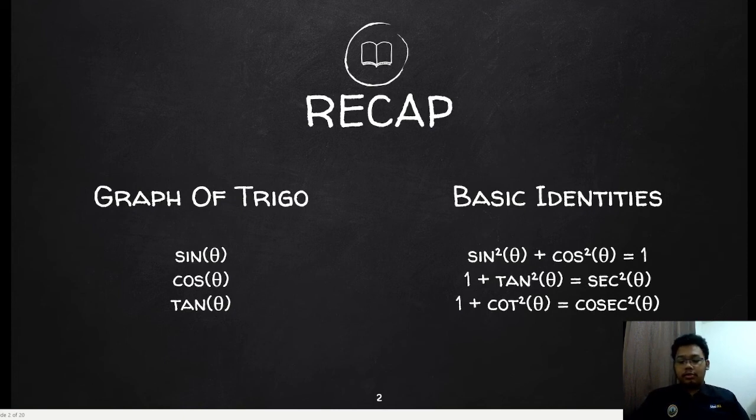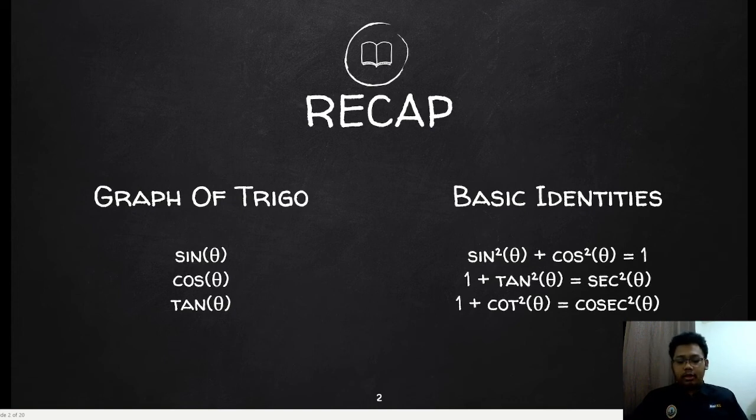So sine squared plus cos squared equal to 1, plus tangent squared equal to secant squared, and 1 plus cotangent squared equal to cosecant squared, which I already showed in the previous class how to prove it, how to use the formula, how can we implement the formula in the question given. But basically how we can use this formula in certain type of the question.